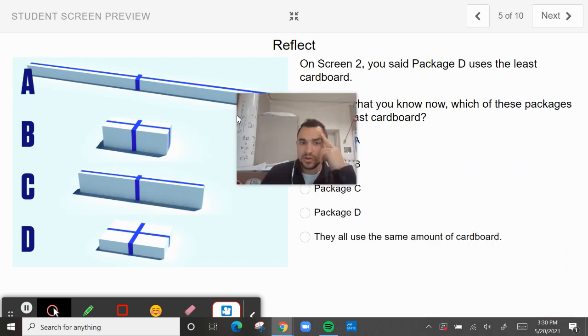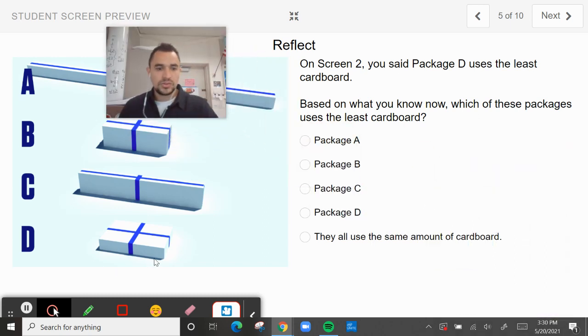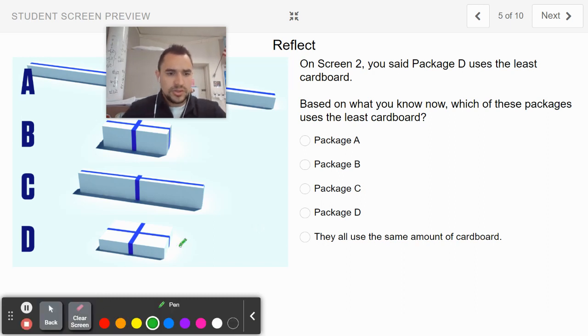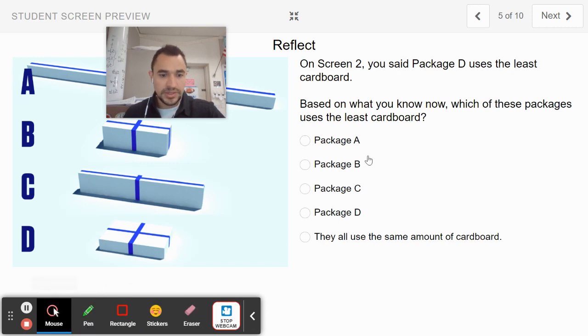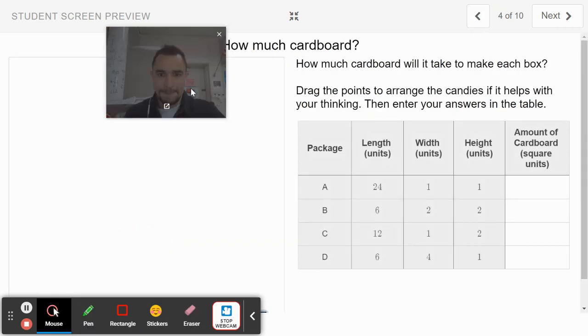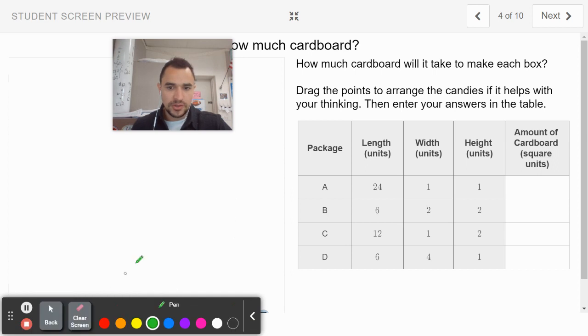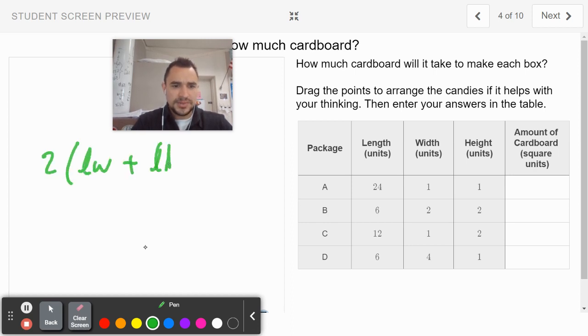Okay, so we know that. Let's go ahead and do all of these right now. Sometimes you got to go back. All right. So let's go ahead and find all of these real quick. It is, again, 2 times length times width plus length times height plus width times height.